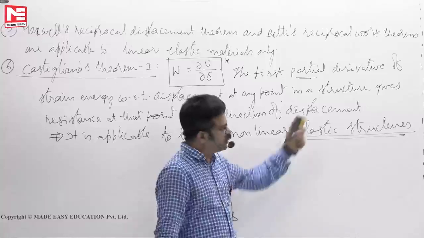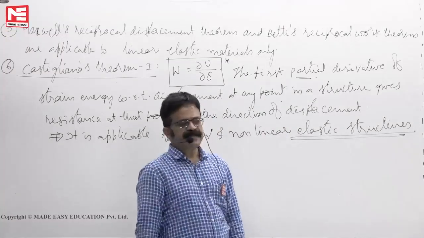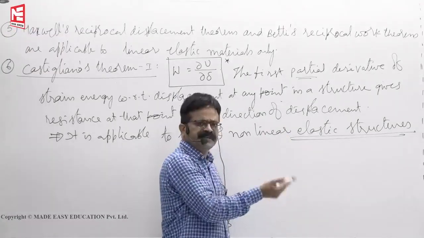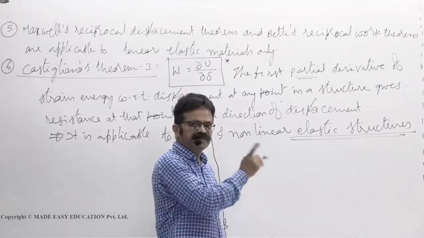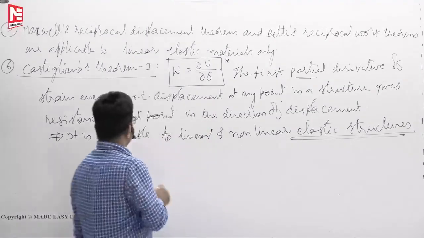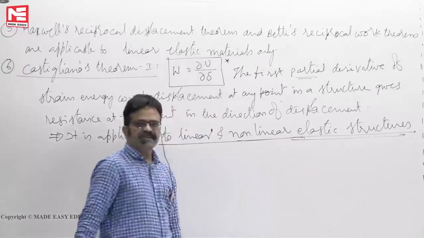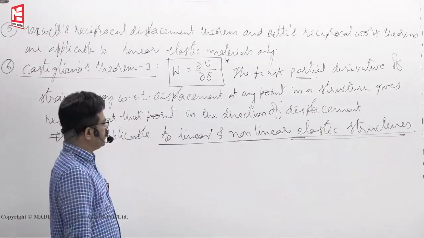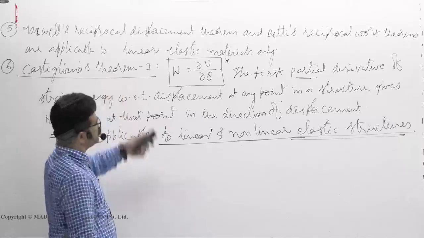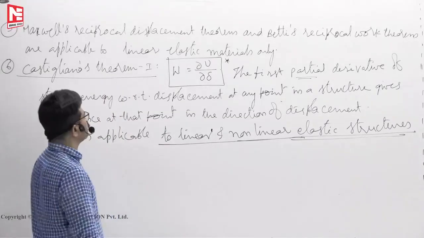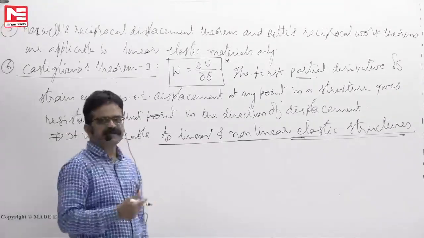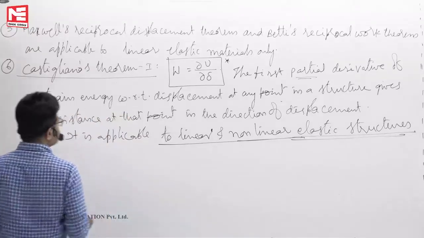Inelastic structures you cannot apply any theorem at all. It must be elastic. Maybe linear elastic, non-linear elastic, but it must be an elastic structure. Geometric non-linearity we don't consider in theorem 1. I think in strength of materials you have studied some examples of non-linear cases also.